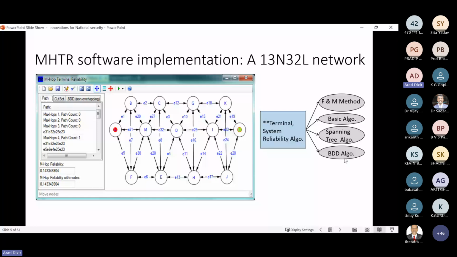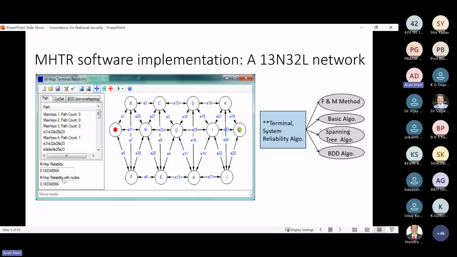Different algorithms were proposed, experimented and evaluated for this network, which is changing very dynamically. So the path method was used, the cut set method was used, and the BDD non-overlap method was used here for finding out the reliability. And we find out the MHTR reliability with nodes and without nodes.